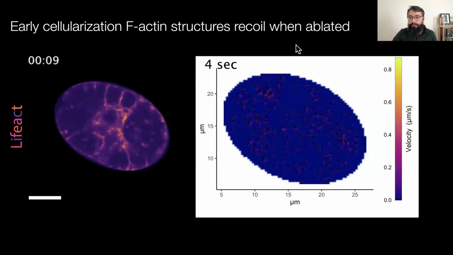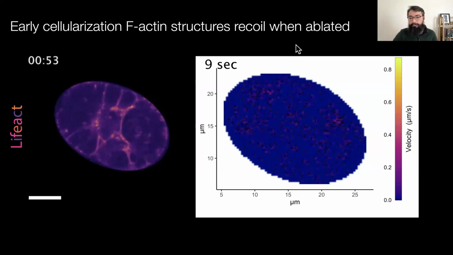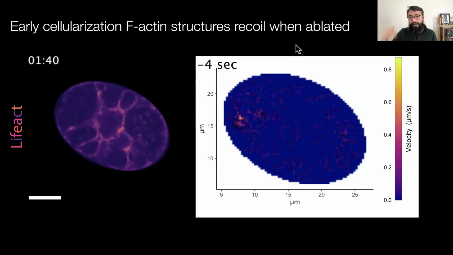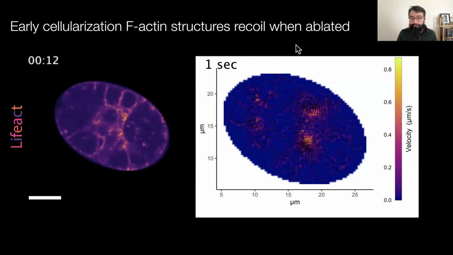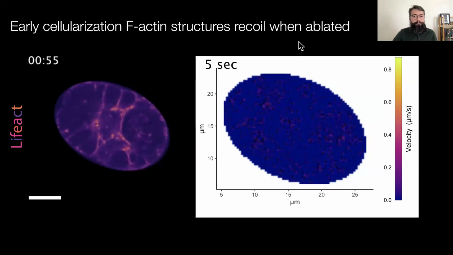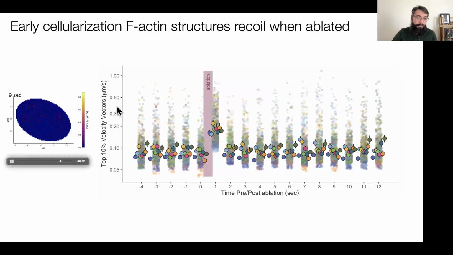Right after the recoil, you have the rapid response away from the ablation site, and they come back again into mostly blue. So we did this on different cells and different days.